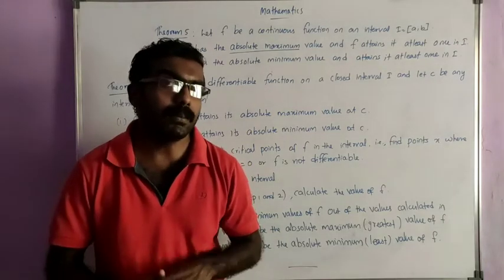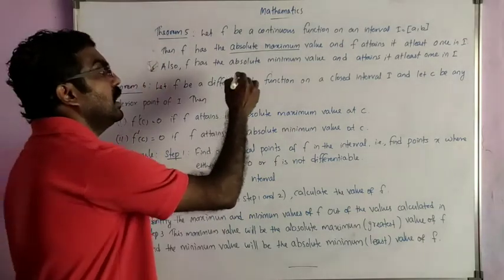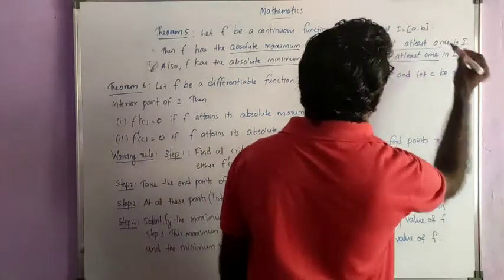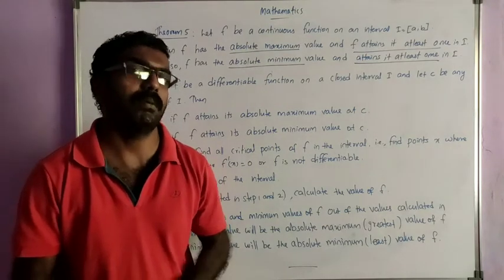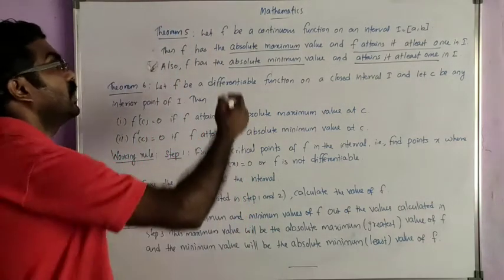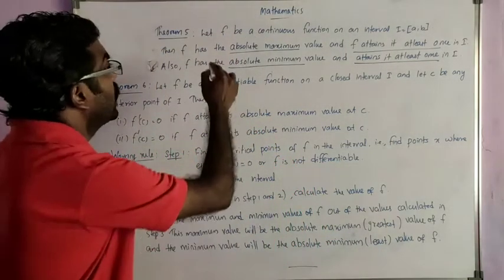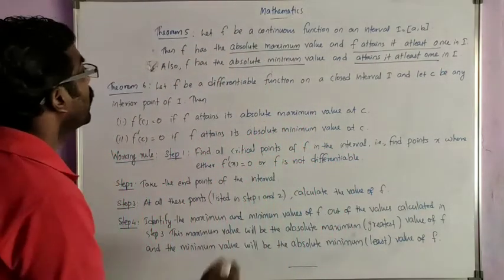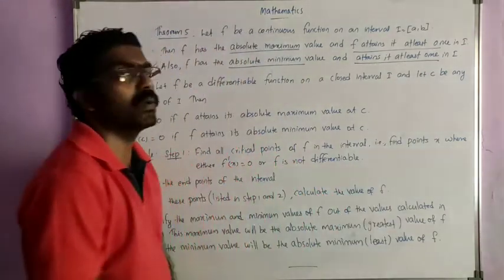Also f has the absolute minimum value and attains it at least once in I. I repeat, let f be a continuous function on the closed interval ab. Then f has the absolute maximum value and attains it at least once in I. Also f has the absolute minimum value and attains it at least once in I.